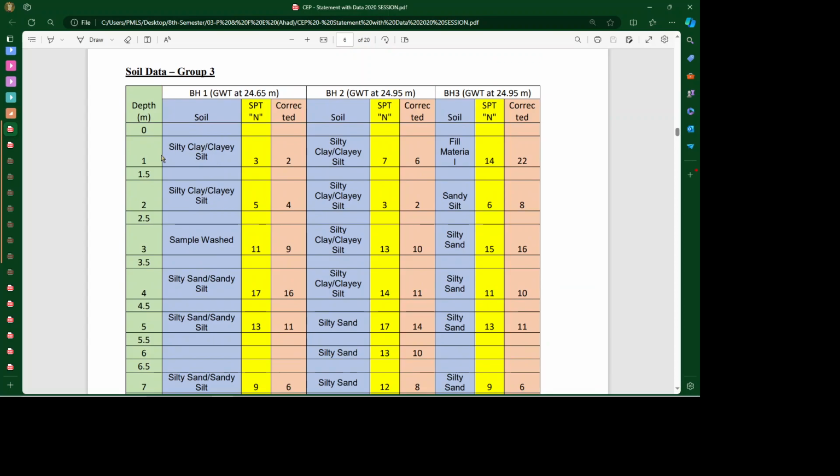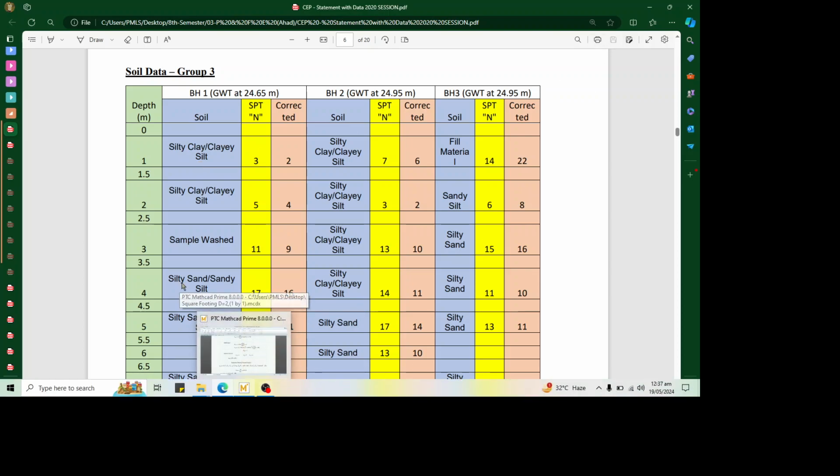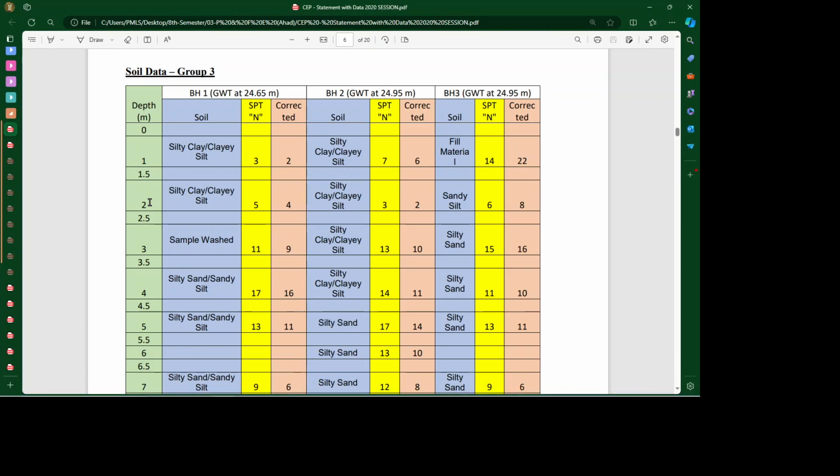So this is the SPT-N values data, the geotechnical investigation data. So let's start at 2 meter. We are going to place the foundation at 2 meter depth from the NSL level. At 2 meter, the SPT-N values are 4, 2, and 8.